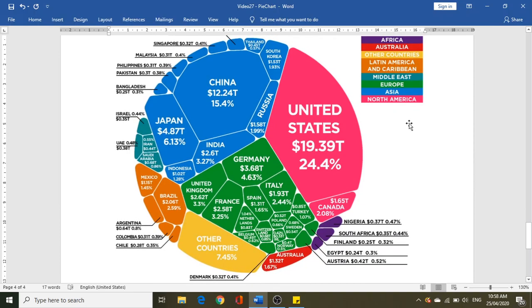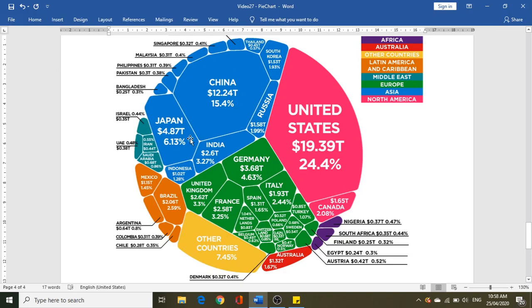So we're still in academic task 1 writing, and what I've chosen, as I discussed in the last video, is this really very creative pie chart that shows global GDP figures, as well as the contribution of particular regions to global GDP and countries to global GDP.